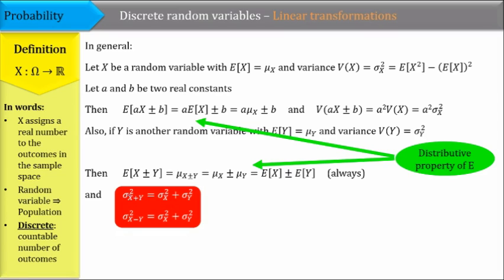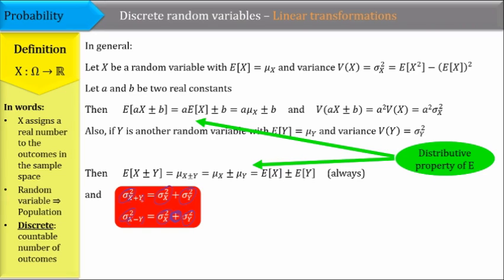Now lastly, if we take the sum of our two random variables x and y and we calculate the variance, then it's going to be the same as taking the variance of x and adding the variance of y. Interestingly, if we take the difference between x and y and we calculate the variance, then this is also going to be equal to the variance of x plus the variance of y.